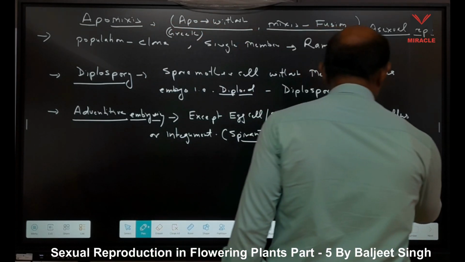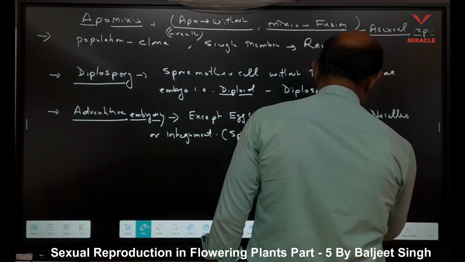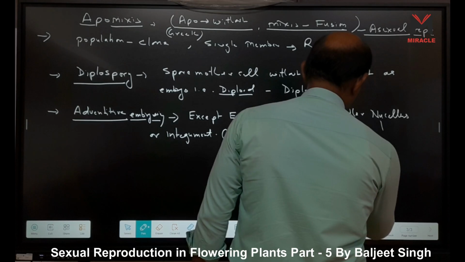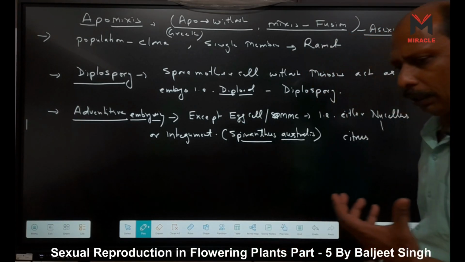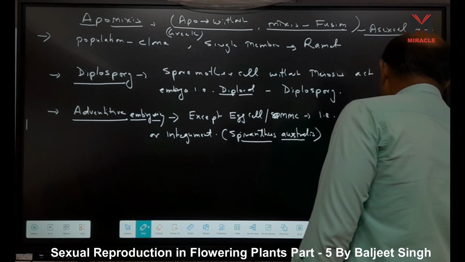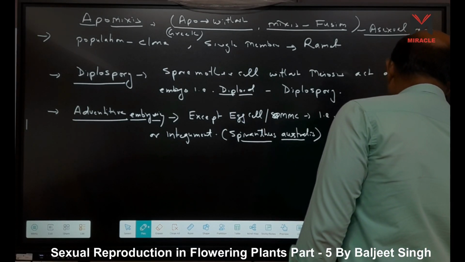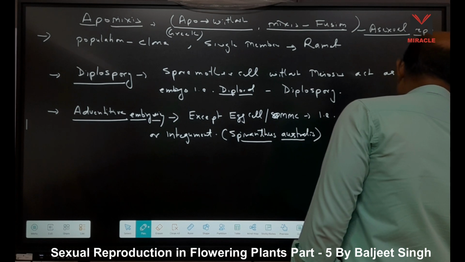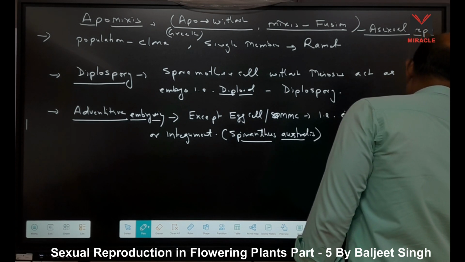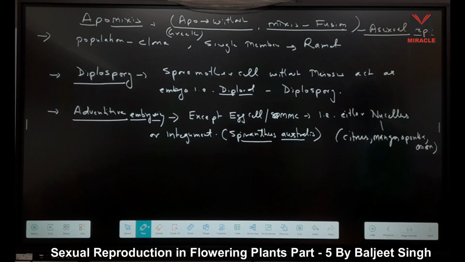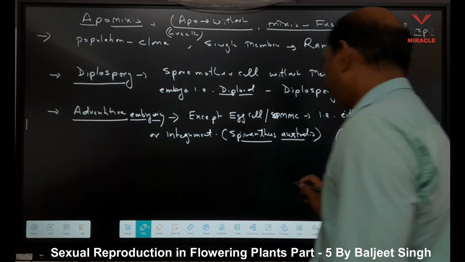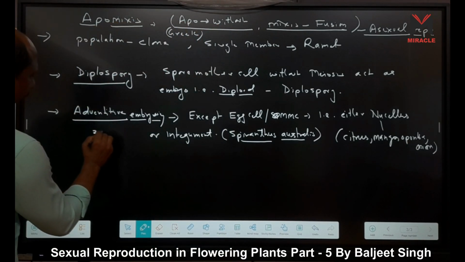As for example, in nucellus, it is given in our NCERT. In Citrus, that is lemon or orange, mango, Mangifera indica, or Opuntia, or onion, many examples are there. They develop into an embryo-like structure. They are also diploid, 2n.